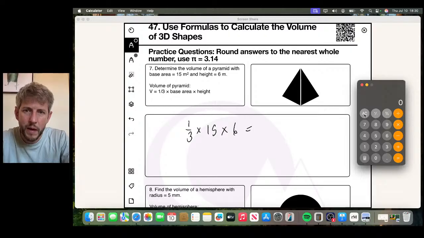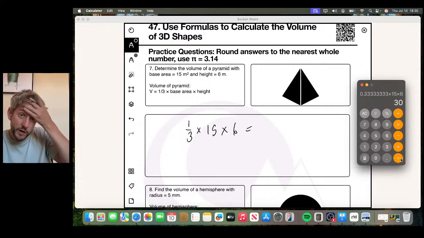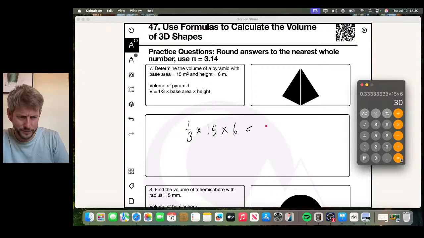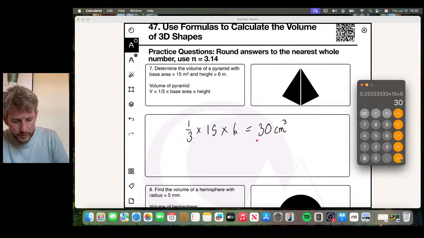Okay, so remember we can do a third by just doing 1 divided by 3. Find out what that equals and then times the 15 and then times the 6. You might have also known that a third of 15 was 5, so you could have done 5 times 6 as well to get it that way. But either way is fine. Most of these questions you will have a calculator for. There's only a few at the start that you don't.